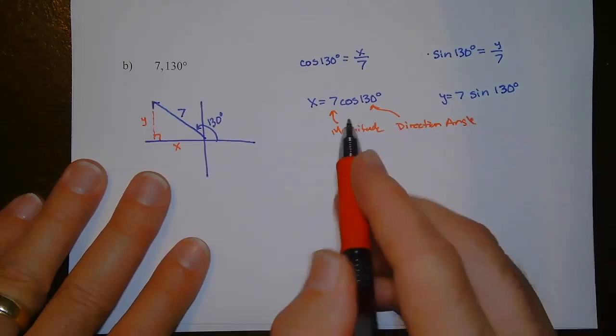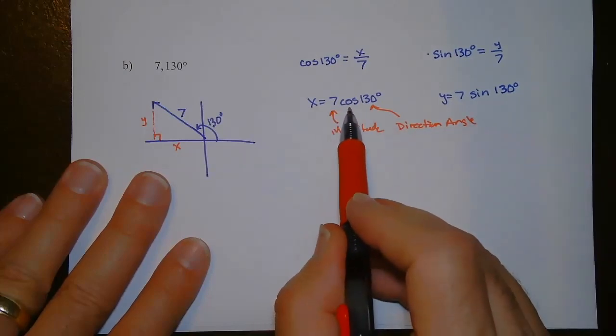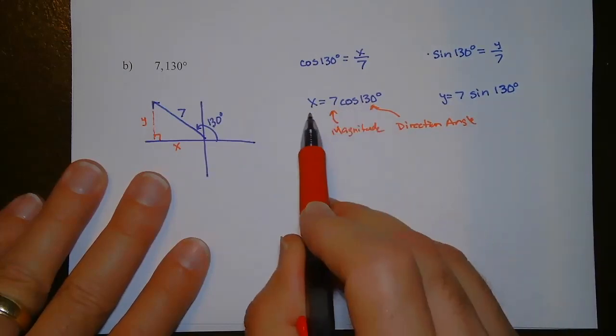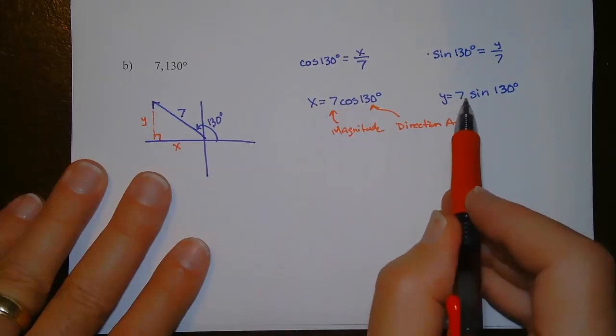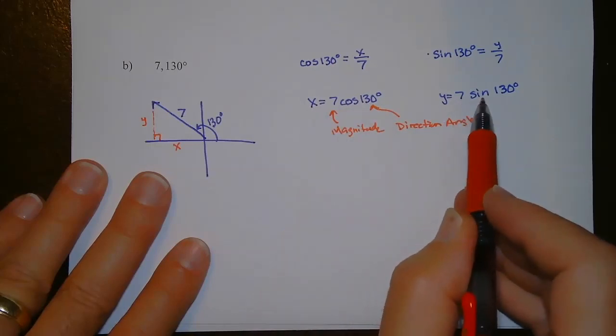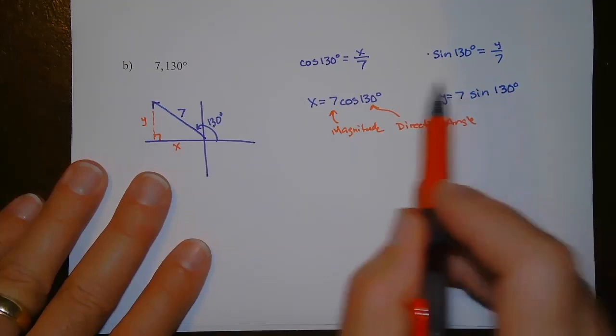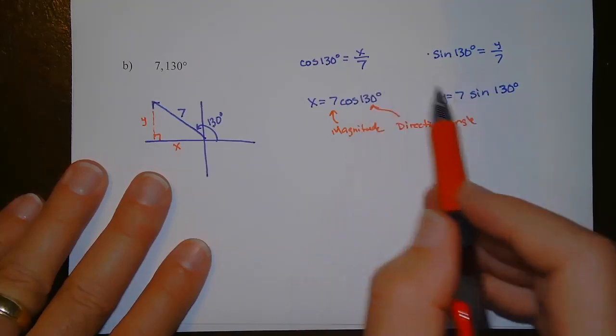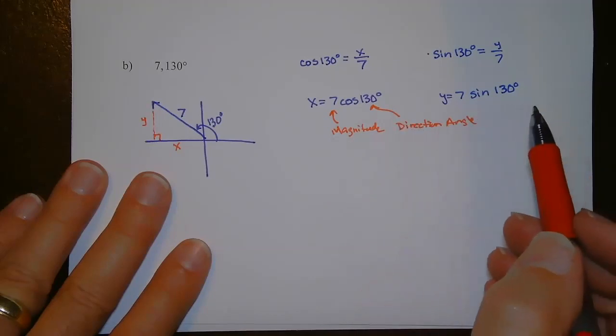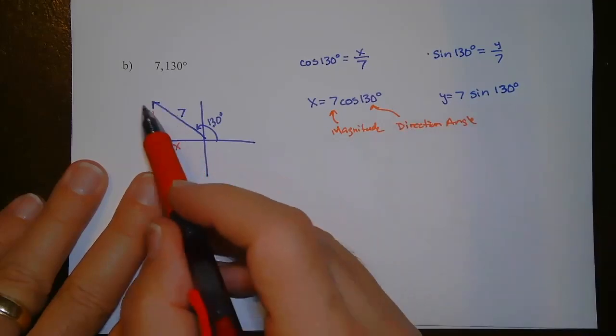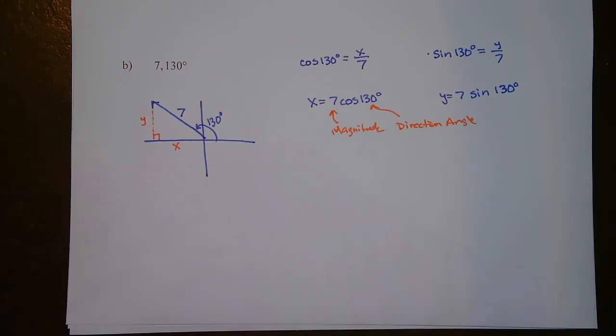You're always going to take the magnitude times cosine of your direction angle to get your X. And to get your Y, you're always going to take the magnitude and multiply it by sine of your direction angle, because this denominator is always going to be your magnitude. It's the hypotenuse, and that's the length of the vector.